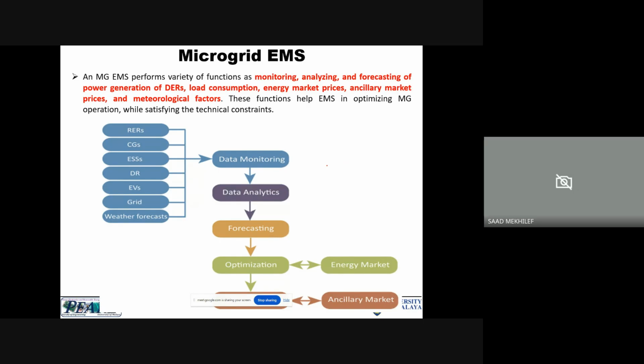Not only, as we just talked about, frequency control. For example, monitoring, analyzing, and forecasting power generation of the renewables, load consumption, energy market price, and meteorological factors.